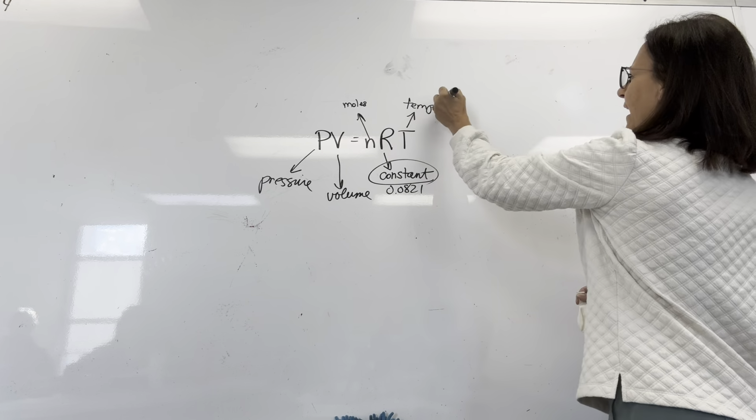As x gets bigger, y gets smaller. Moles and temperature are inversely related. As moles goes up, in order to maintain equality, temperature must go down.